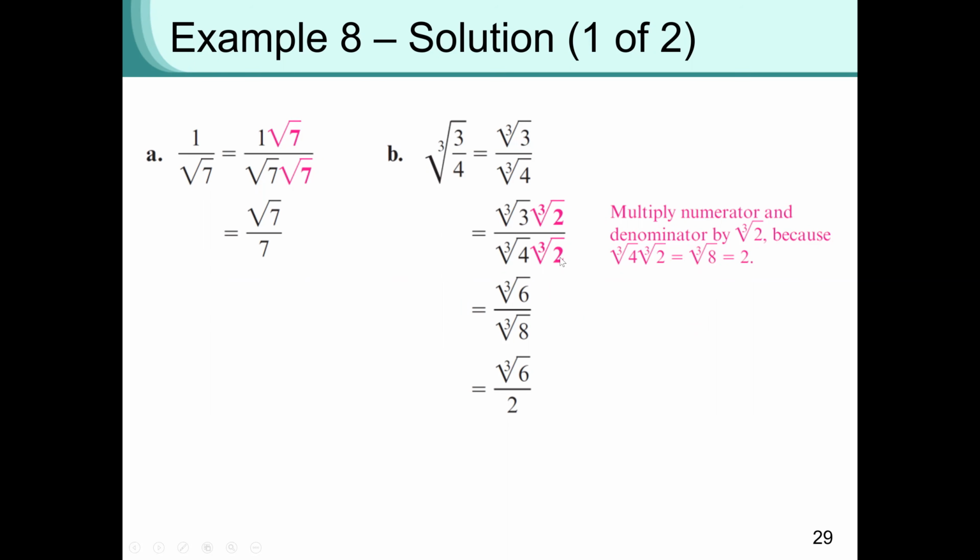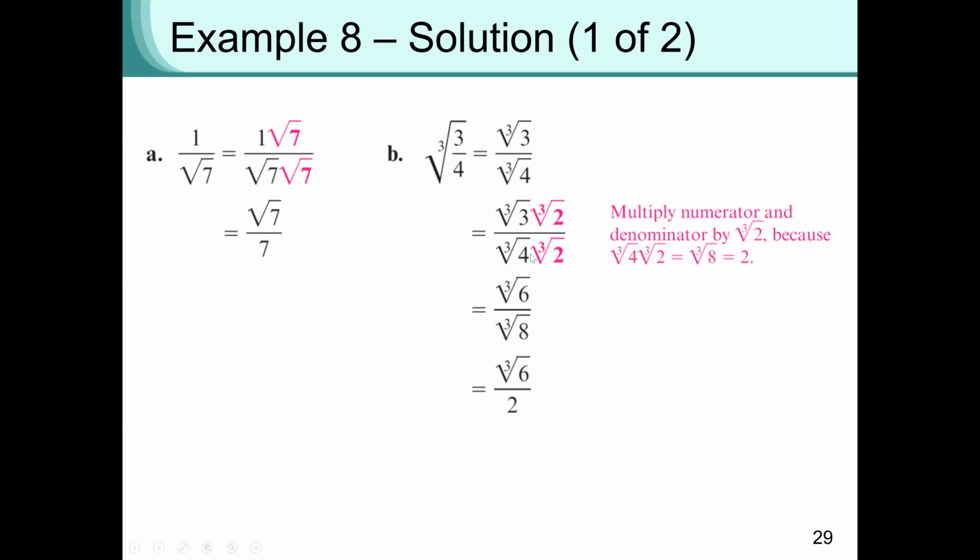So the best way is using the cube root of 2. We can see that the cube root of 2 times the cube root of 4 will give me the cube root of 8. 2 to the power 3 is 8. So this means the cube root of 8 is 2. So that's what we get here. The cube root of 8 is 2. And 3 times 2 is 6, and it will give me the cube root of 6.